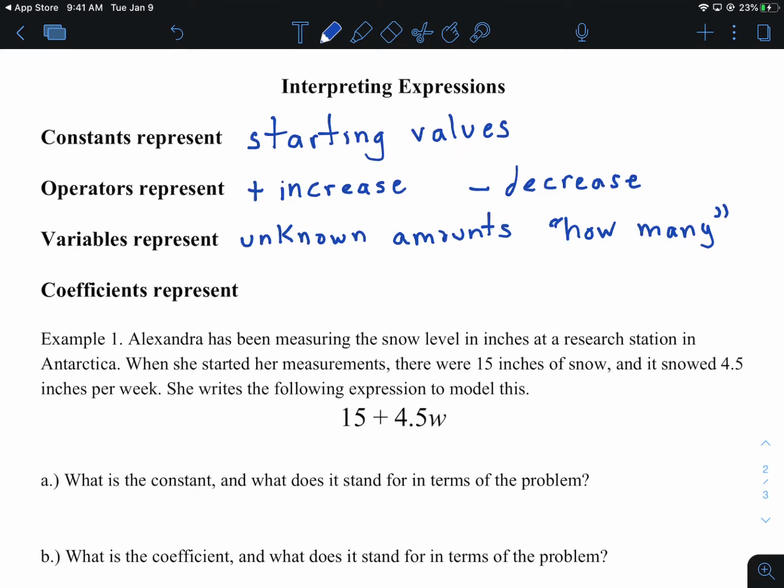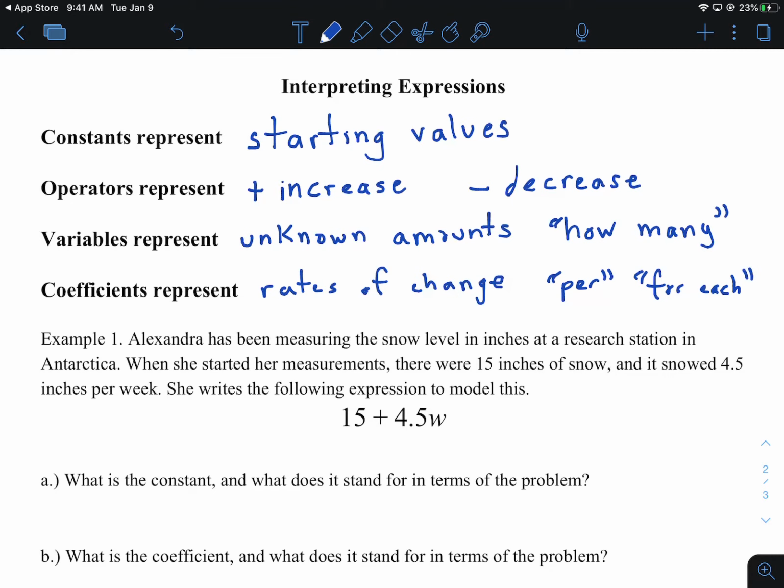And then the coefficients, the numbers on the variable, they represent rates of change. With coefficients, we look for words like per or for each.